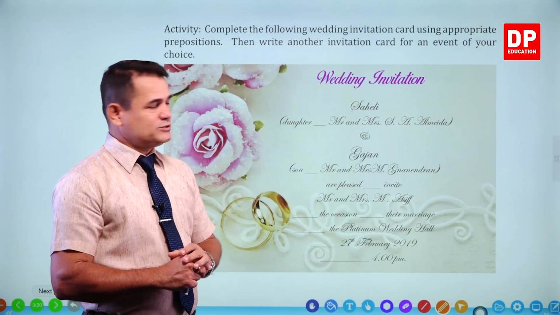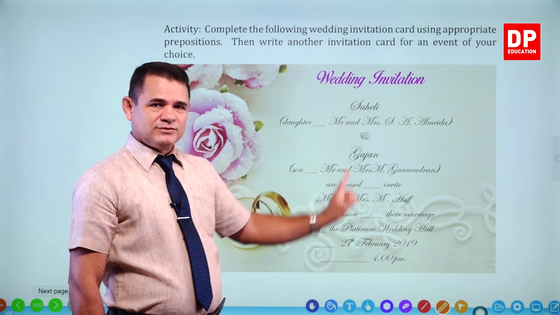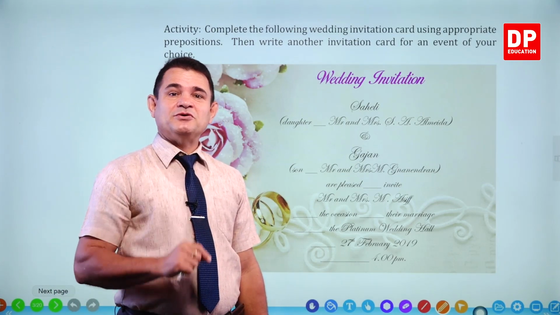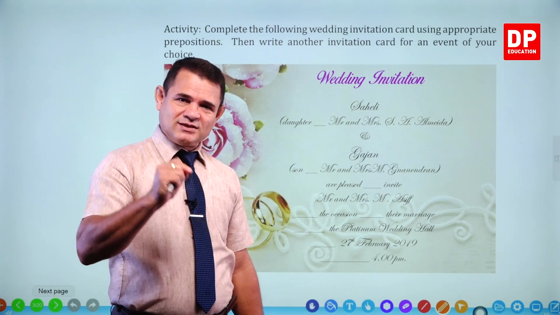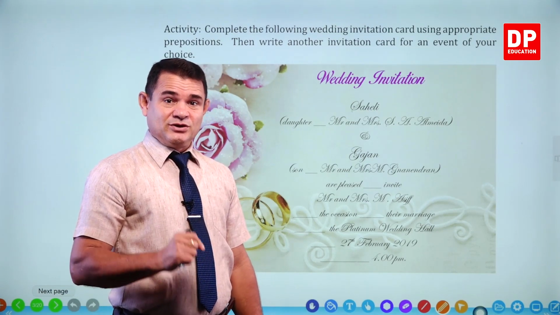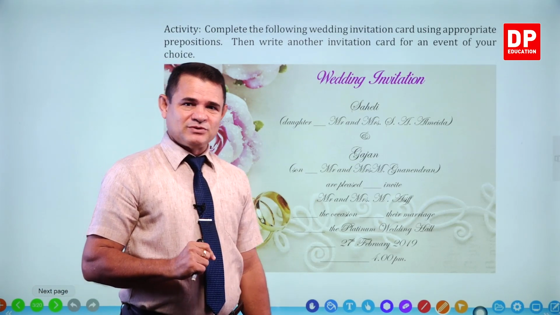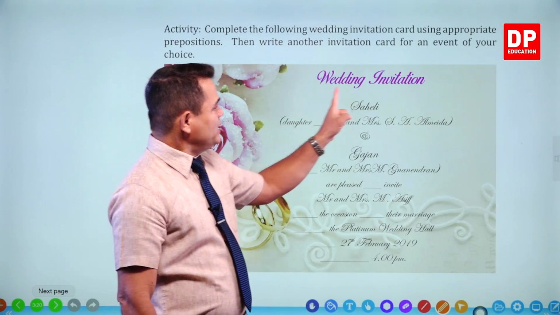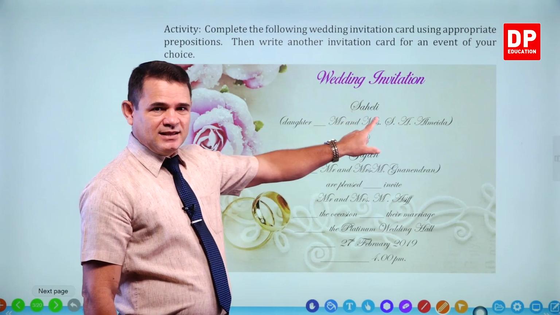Now first try this one. Wedding invitation. So if you study this well, even for your own wedding you can write your own invitation using correct prepositions. Now let's try this one. Wedding invitation. Saheli.